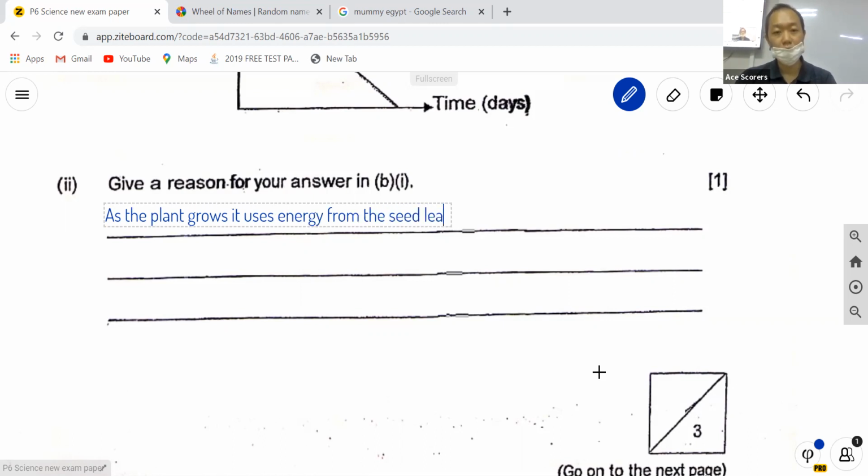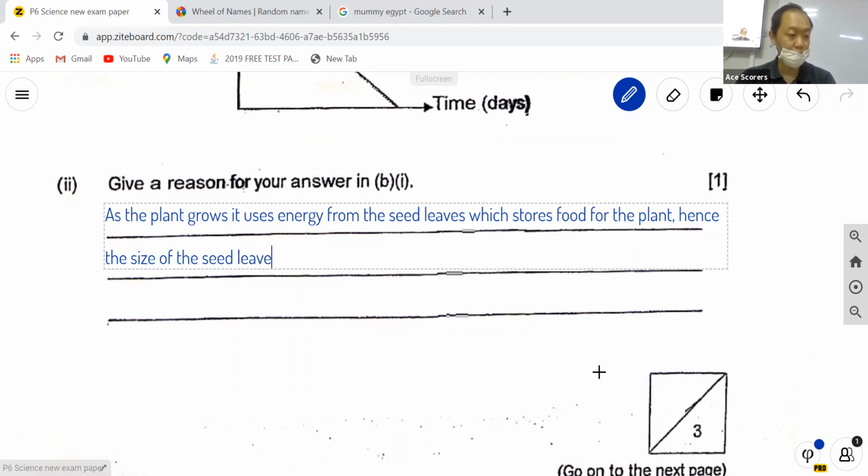The seed leaves, which store food, and the size of the seed decreases as its food is used.